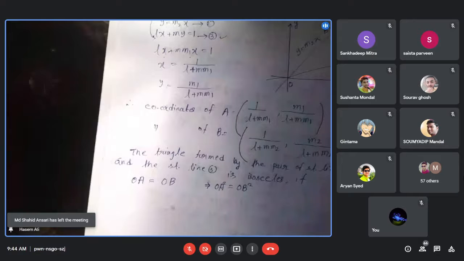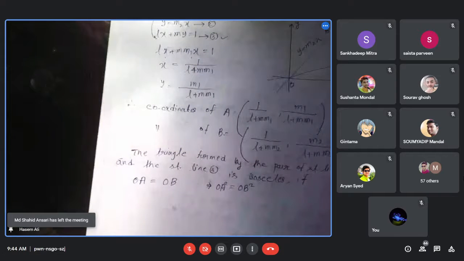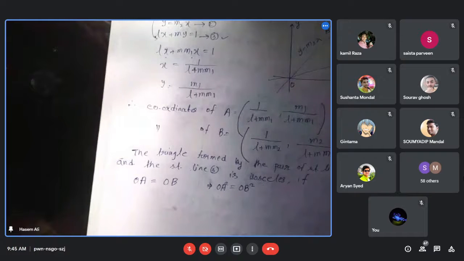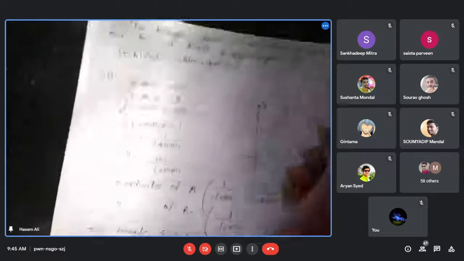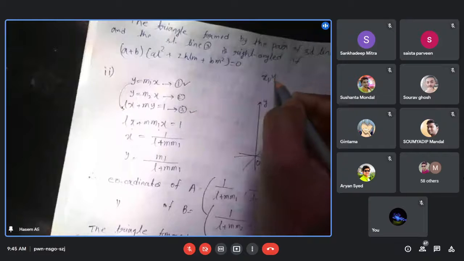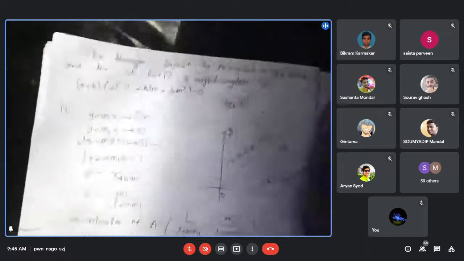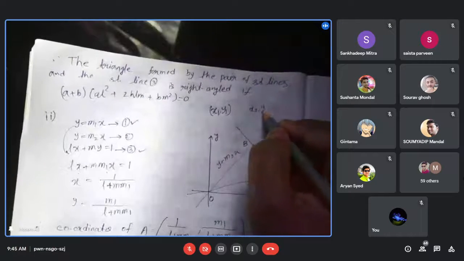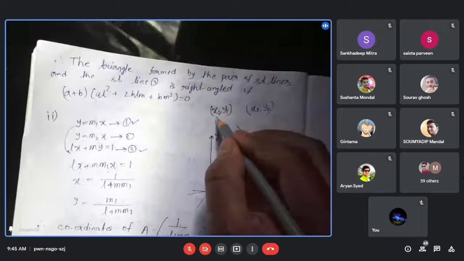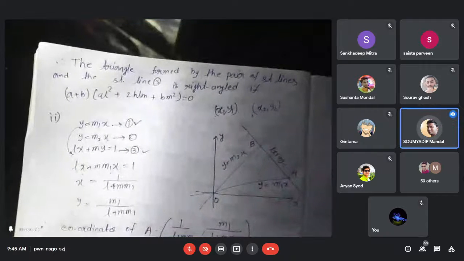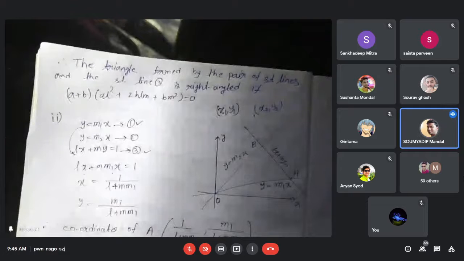Now, what is OA square? First say that: if the coordinate of one point is x1, y1 and the coordinate of another point is x2, y2, then what is the distance between these two points? It is the square of y2 minus y1 plus the square of x2 minus x1, all under the root.